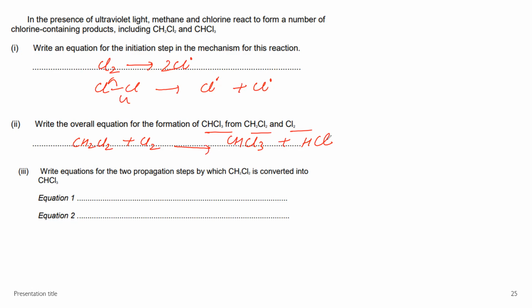So dichloromethane is converted to trichloromethane. Okay. So they are asking for the propagation steps. So the initiation step we already wrote. So this is our initiation step. Correct? So let us write the propagation step now. So what will happen?